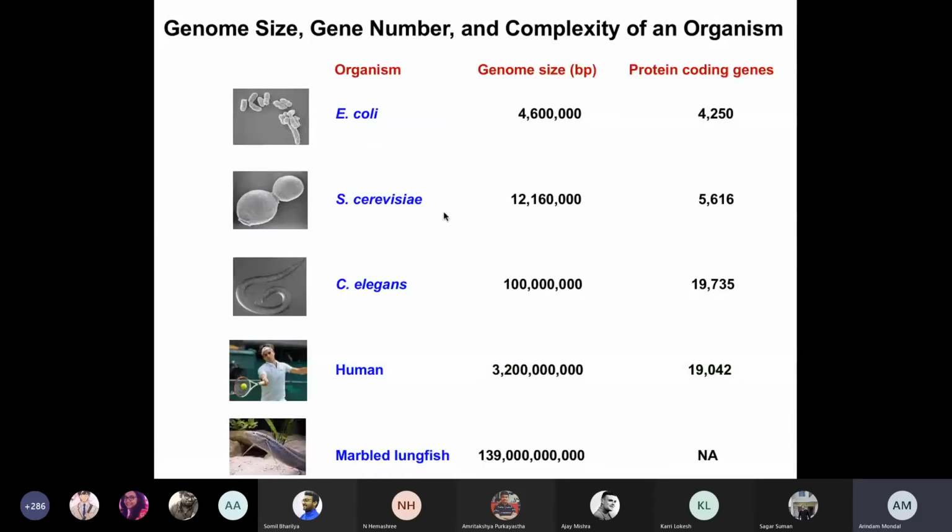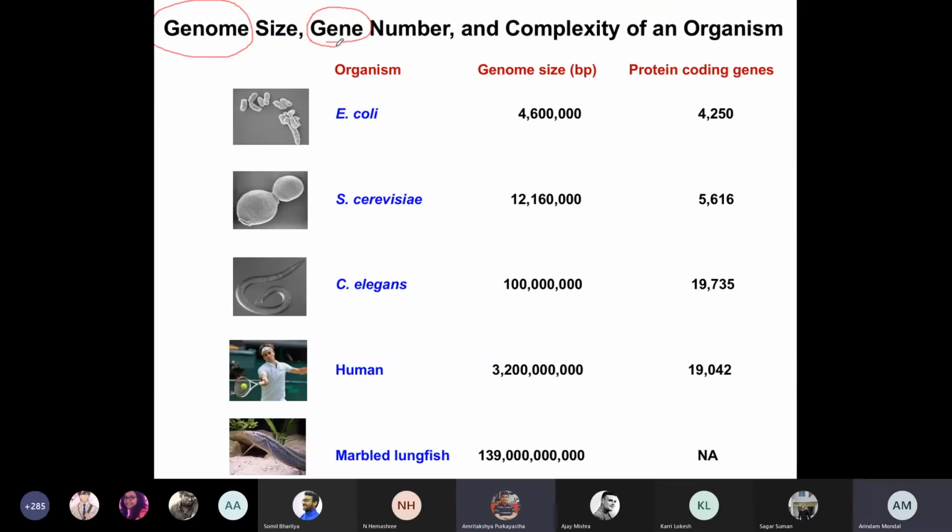Now sometimes we are talking about genome, sometimes we are talking about genes. So what is the difference between genome and the gene? Anybody knows about it? What is the difference between genome and gene? So I think genes are a particular sequence of DNA which contain the genetic information. Okay.